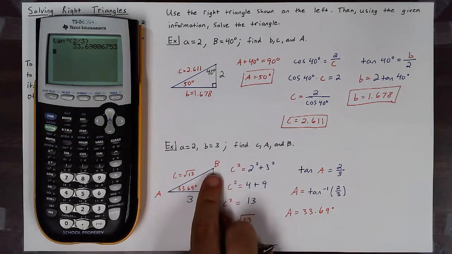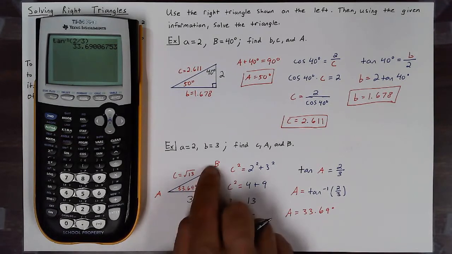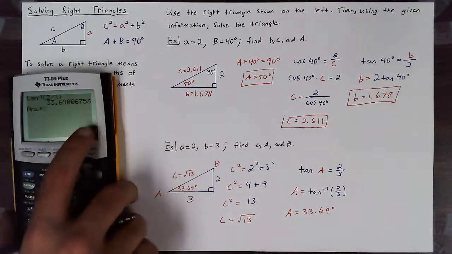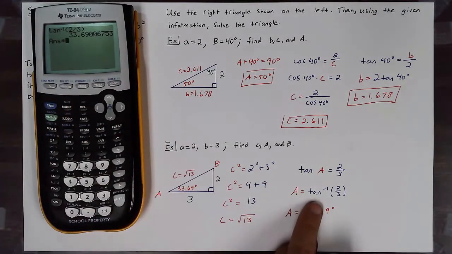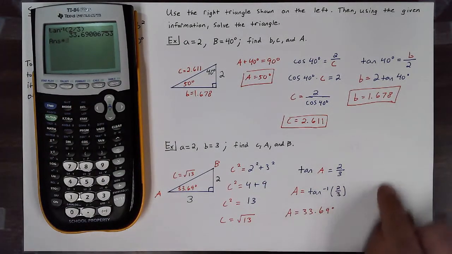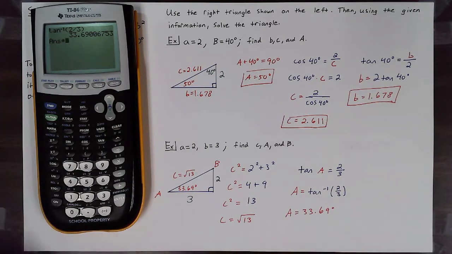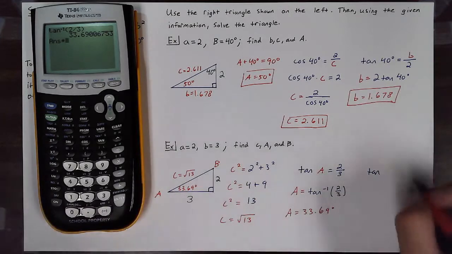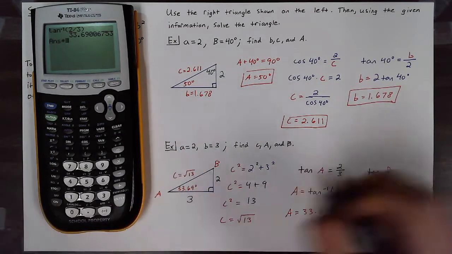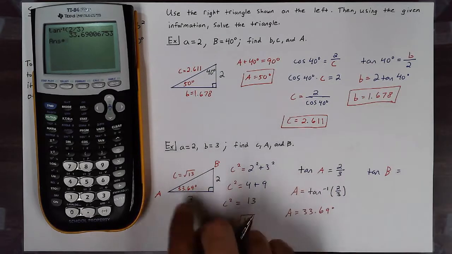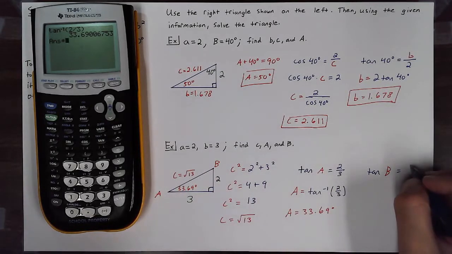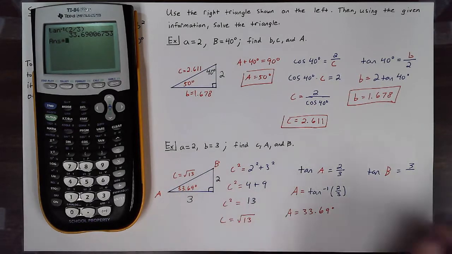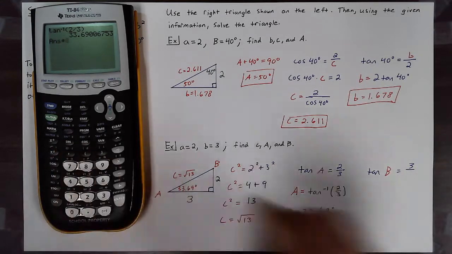Now I have to find the other angle. It's very tempting just to use the complementary angle fact that they should add up to 90, but we're going to use the inverse tangent again to find the other angle. This is usually just to be safe. So now we have tangent of B should be equal to 3 over 2, opposite over adjacent. And the reason why I'm using tangent and not cotangent of B equal to 2/3 is because I don't have a cotangent button on my calculator.